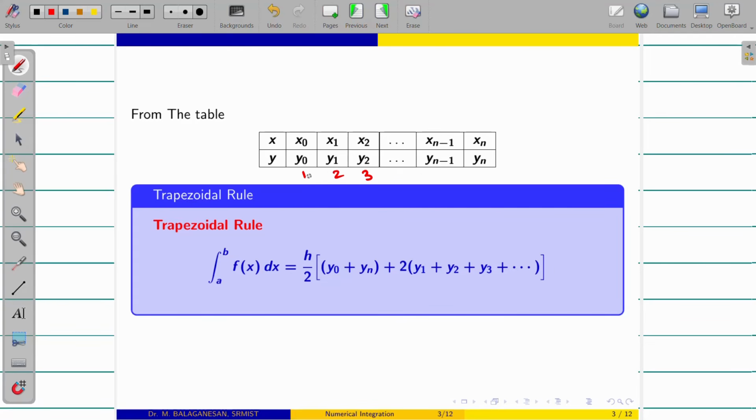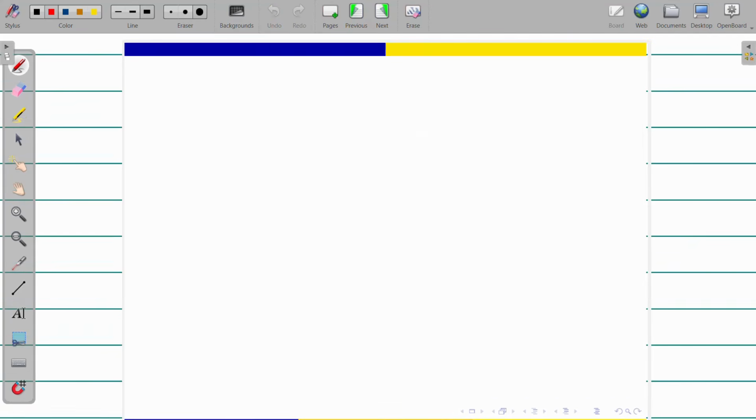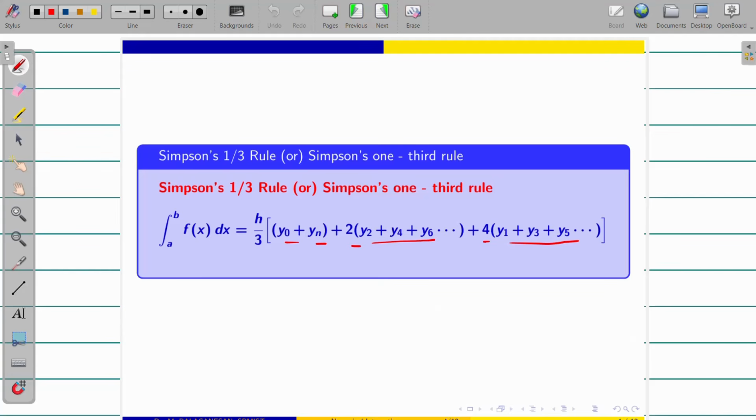So if you talk about ordinates, you will totally get confused, because in Simpson one-third rule, the even values are y2, y4, y6, but in terms of ordinates, they would be odd: the third, fifth, seventh. So do not confuse with ordinates. Directly go through the values: twice of even values plus 4 times of the rest of the values, or simply odd values. That's it, guys. This is the way to understand Simpson one-third rule.